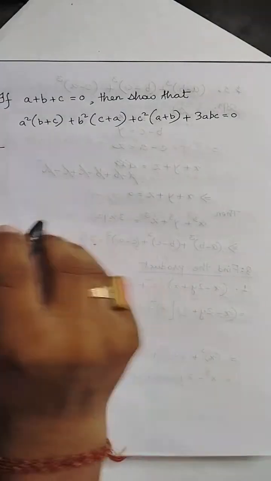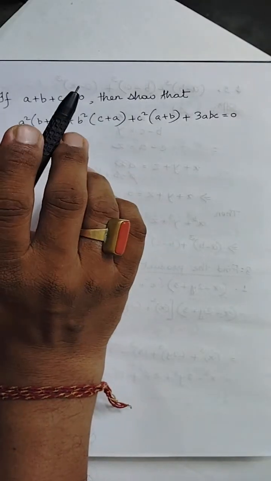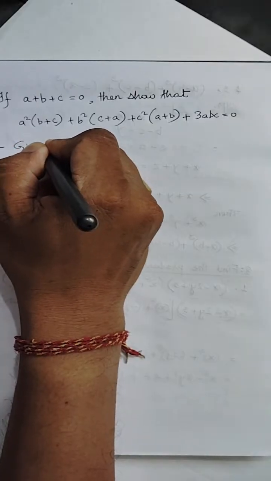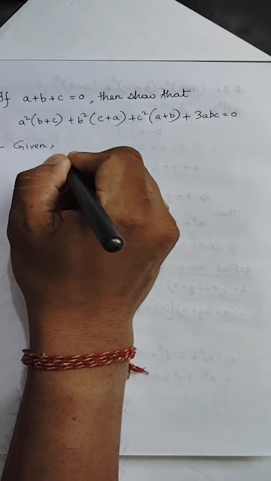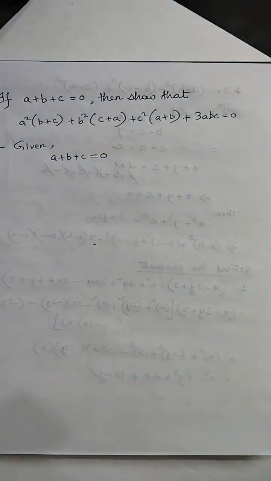Now how to proceed with these kind of questions? Okay. So always take help of whatever the condition is given to you. Okay. We have been given a plus b plus c equals to 0.